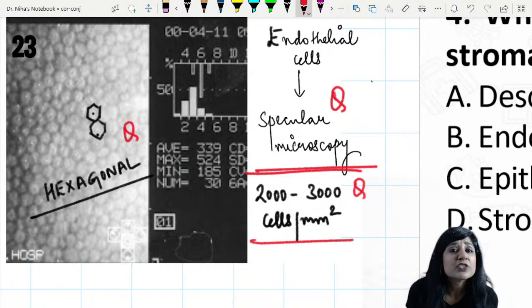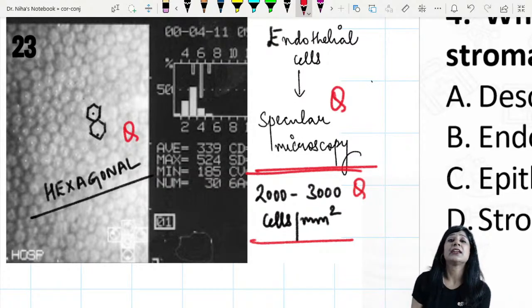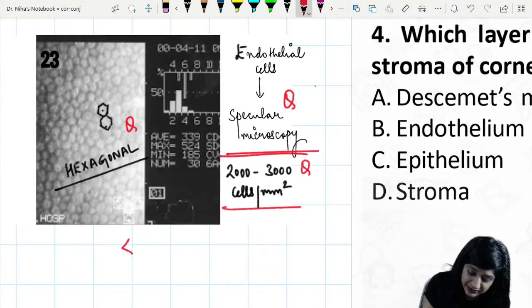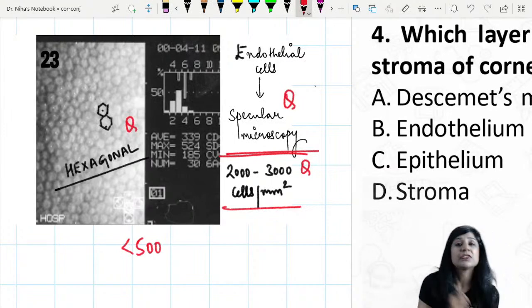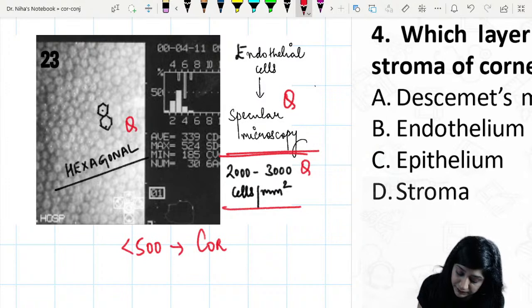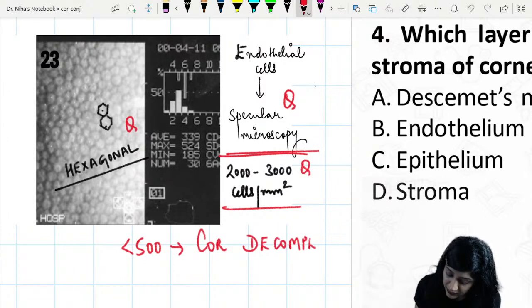So why am I so concerned about the endothelial cells? Because if I am doing a corneal transplantation, if I am giving a cornea to somebody, I will definitely check the number of endothelial cells. If the cells are less than 500, there will be corneal decompensation.